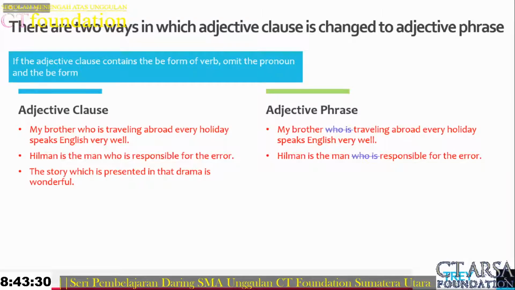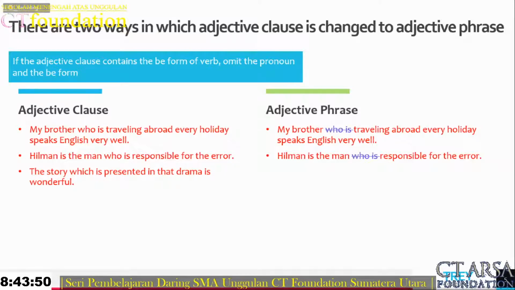Now, number 3, can you change it into an adjective phrase? The story which is presented in that drama is wonderful. The story presented in that drama is wonderful. Very good, that's correct.